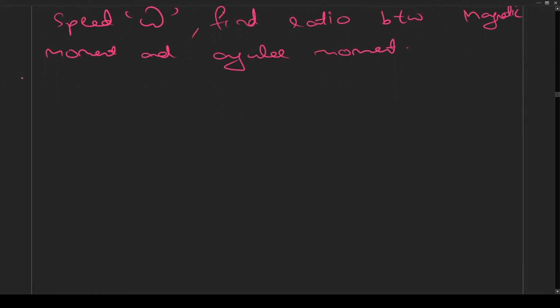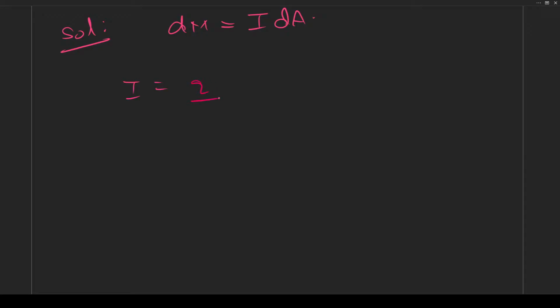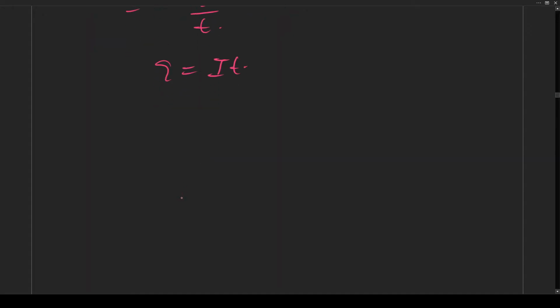I have solved a similar kind of question in my previous video. Magnetic moment dm is equal to I times dA, or n I dA here, where we can write current, which is equal to Q by T, where Q equals I times T, and T we can write as 2 pi by omega.